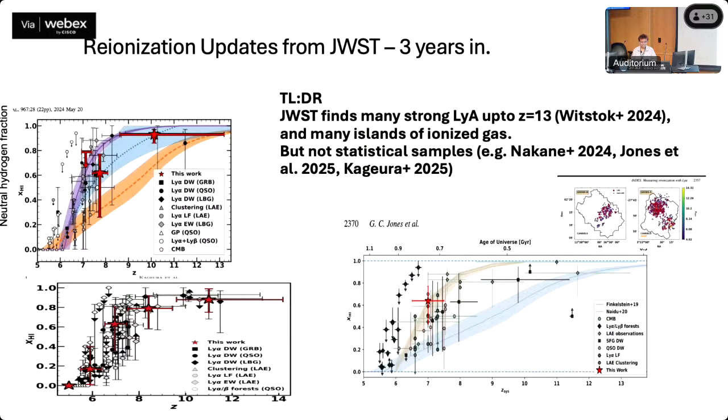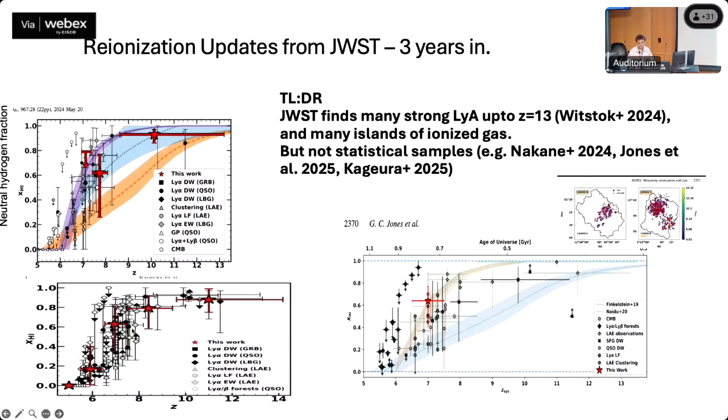So what does JWST not do so well? Statistics. JWST finds many strong Lyman alphas up to redshift 13, but these are 3 plots of ionization fraction derived from the Lyman alphas with JWST data. And here are the authors. And you'll see the error bars are large.